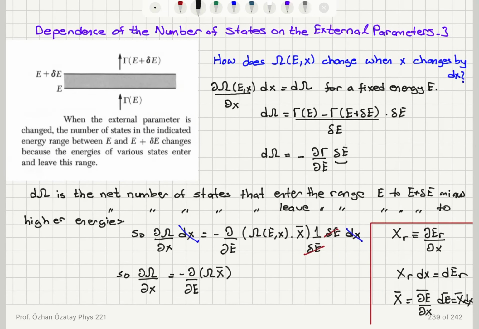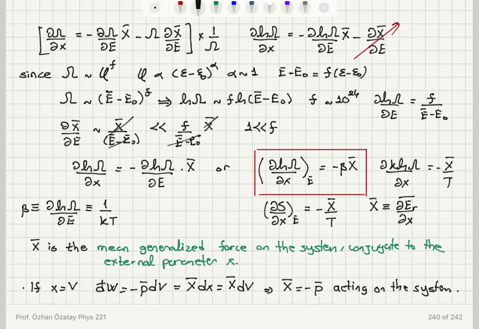The number of states that are leaving will be the value of gamma evaluated at E plus delta E, and the change in the number of accessible states is minus dΓ/dE times delta E. We have shown that this reduces to ∂ln Ω/∂x at constant energy is minus beta X bar, by recognizing that the derivative of X bar with respect to E is rather small compared to the derivative of the natural logarithm of omega with respect to E multiplied by X bar, and that comes from the fact that the number of accessible states varies with E minus E0 to the power f.